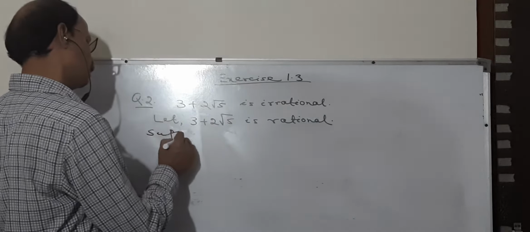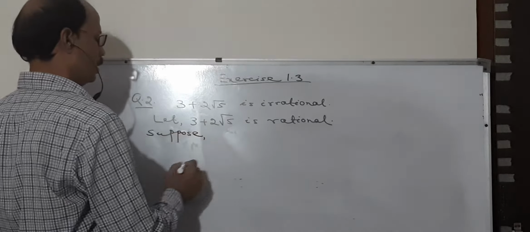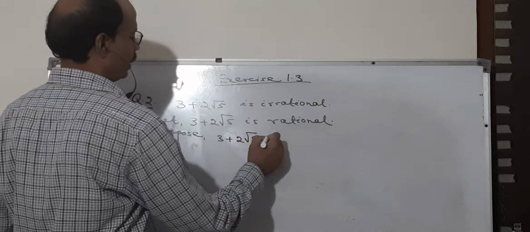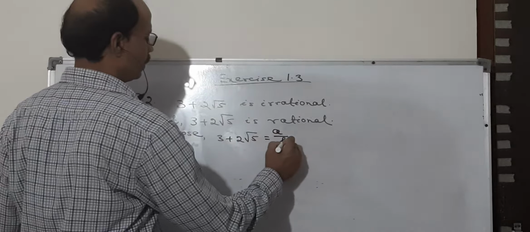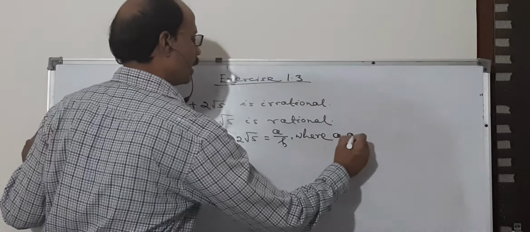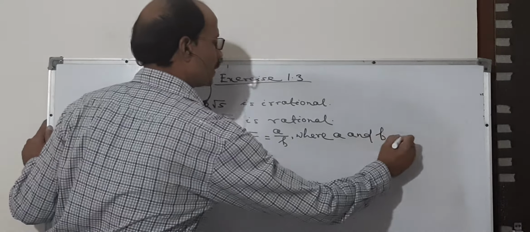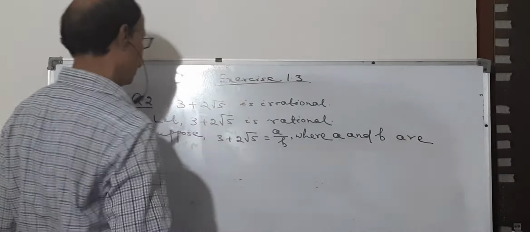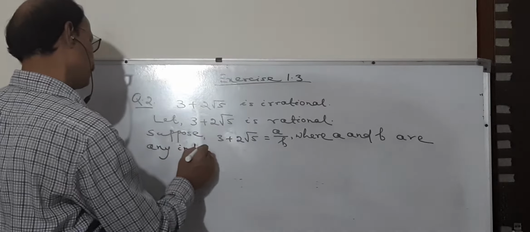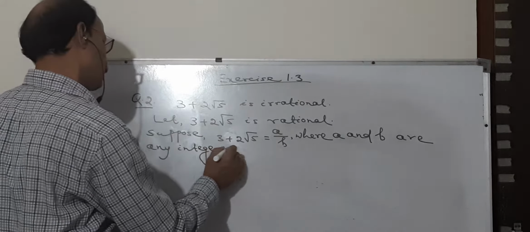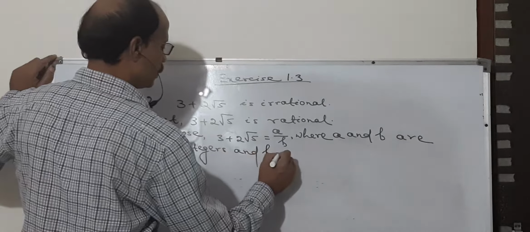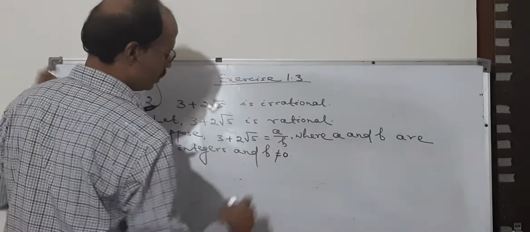Suppose 3 plus 2 root 5 is equal to a upon b, where a and b are any integers and b should not be equal to 0.